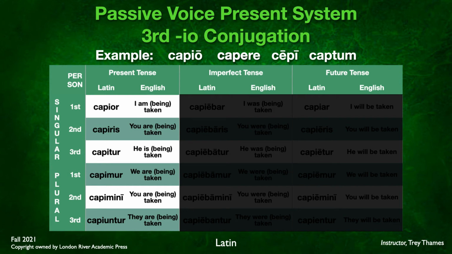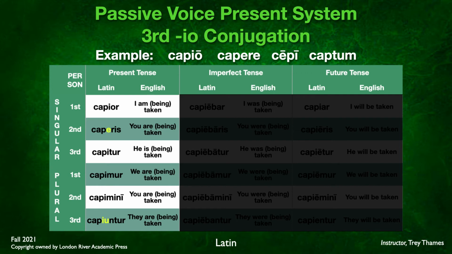Now we're going to take the capere. Notice that this looks like third conjugation. It's got that short E. C-A-P-E is going to be our stem, but it converts to an I, if you'll remember. So it's C-A-P-I-R-I-S. Except this is just like third conjugation where second person singular actually retains that short E, so it ends up being caperis. But the rest of the forms are just like you would expect: capitur, capimur, capimini.